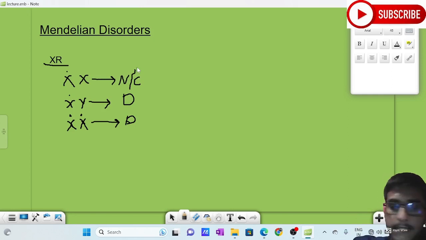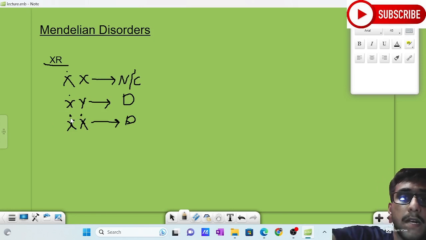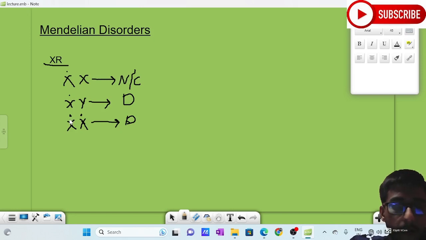in X-linked recessive, we can only say the disease will occur only when both the X chromosomes are mutated. This is in case of female. In case of a male, there is only one X chromosome, so if the X is mutated, then the male will be diseased.